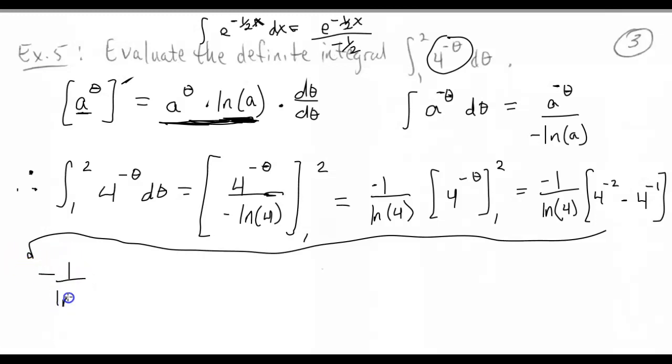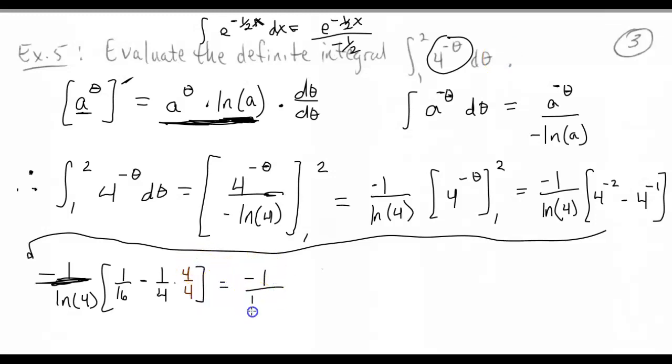So we will rewrite this. And 4 raised to the negative 2 is just the same as 1 over 16. And 4 raised to the negative 1 is the same as 1/4. And we'll go ahead and make our fractions have like denominators. So we do that, and here we'll multiply the numerator and denominator of our second fraction by 4 to make it like denominators.